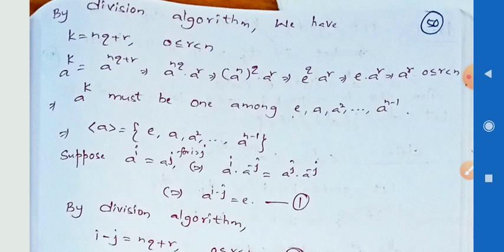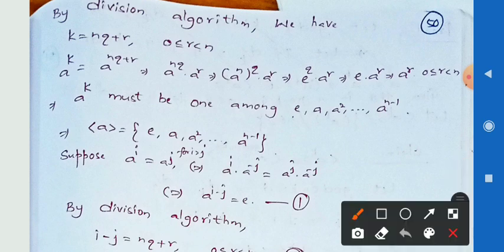Here I take a^k, which is a^(nq+r). This is a^(nq) times a^r, which can also be written as (a^n) to the power q times a^r.